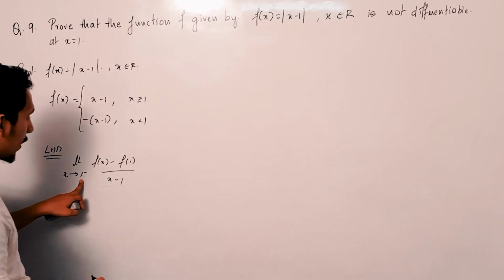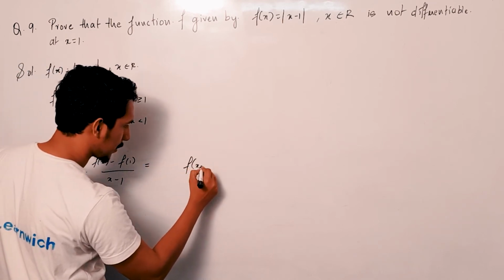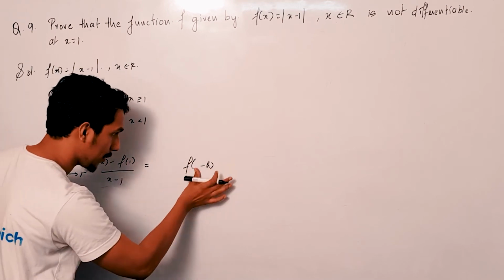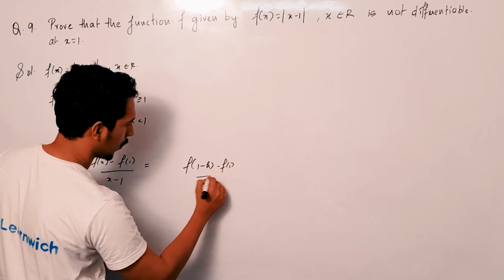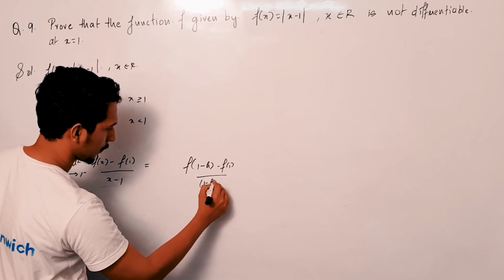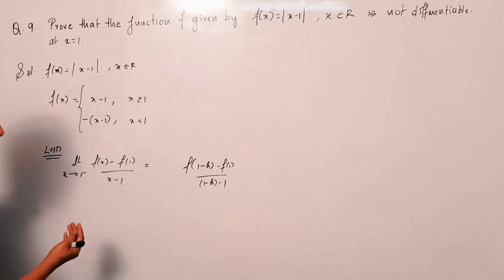Okay, so this is 1 minus some quantity h, f of 1 minus h minus f of 1, whole divided by 1 minus h minus 1. Okay, x is tending to 1 minus, that is towards the left side of 1.